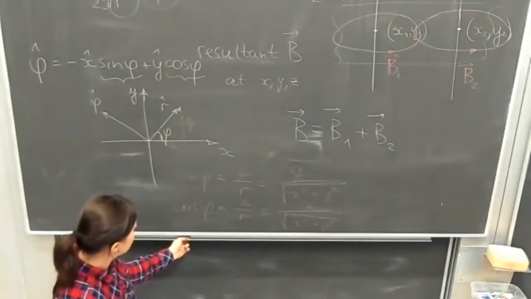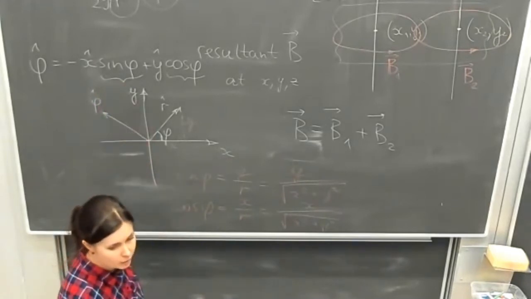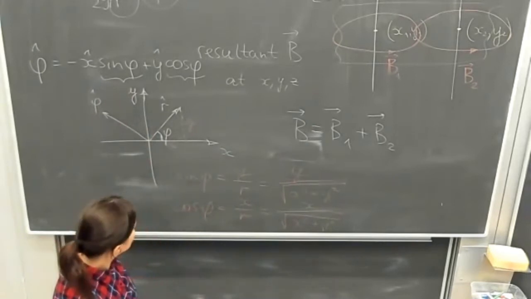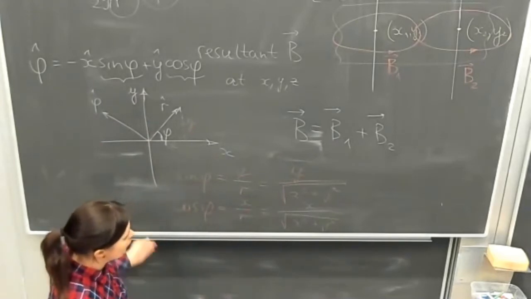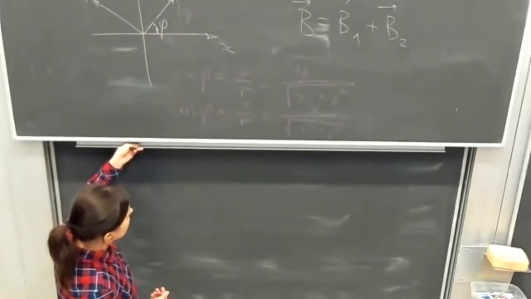So we found sine and cosine, and we also know what r is for the Cartesian system of coordinates.